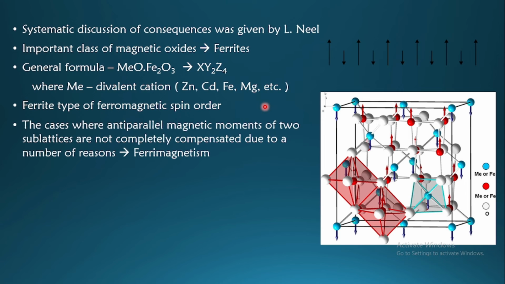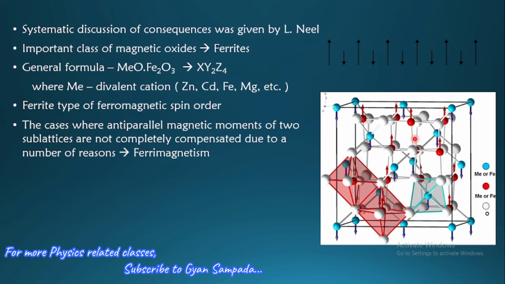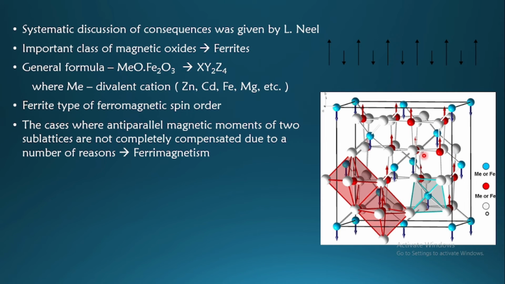There are cases where the antiparallel magnetic moments of two sublattices are not completely compensated for a number of reasons. The reasons may be a difference in the number of atoms or a difference in the nature of atoms that make up the two sublattices. The two sublattice model in antiferromagnetism we have already studied.